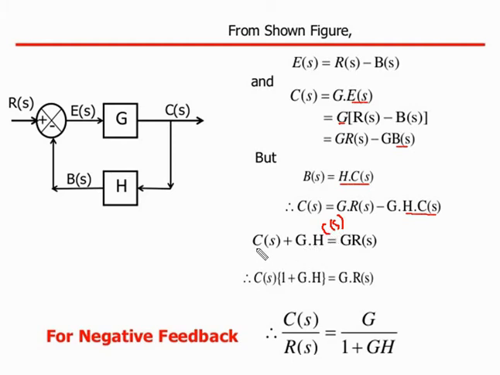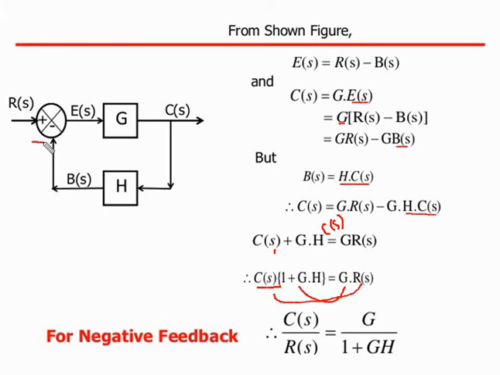So if we take common C(s), 1 remains, so it is 1 plus GH, and C(s) times (1 plus GH) equals G R(s). So C(s) by R(s) equals G divided by 1 plus GH. So C(s) by R(s) equals G by 1 plus GH.